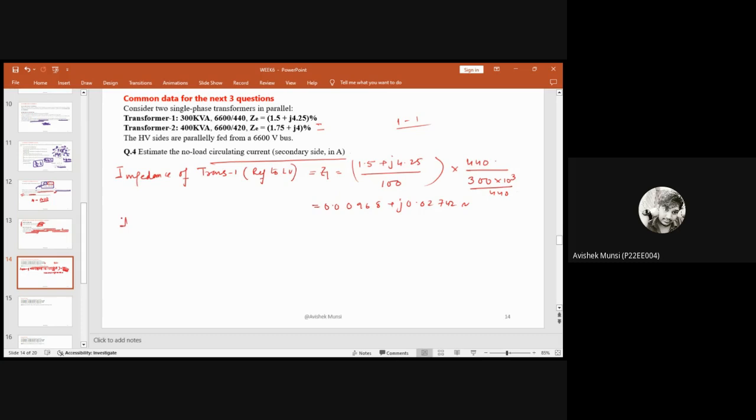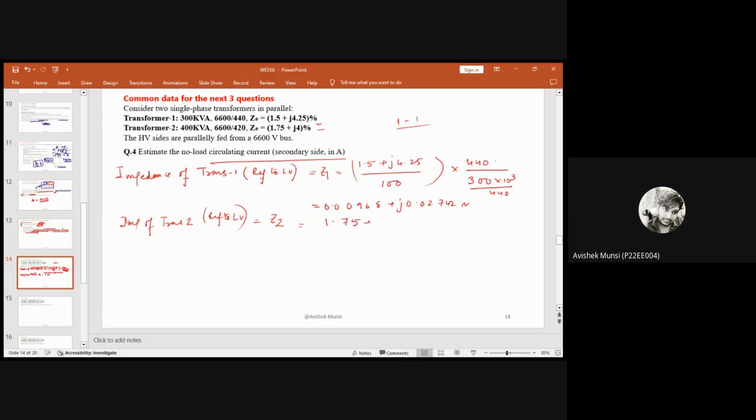Now, similarly, if we calculate the impedance of transformer 2, referring to LV, I discussed this in the previous classes, in the past two classes, how to refer. Basically, you have to multiply with the LV side's rating.